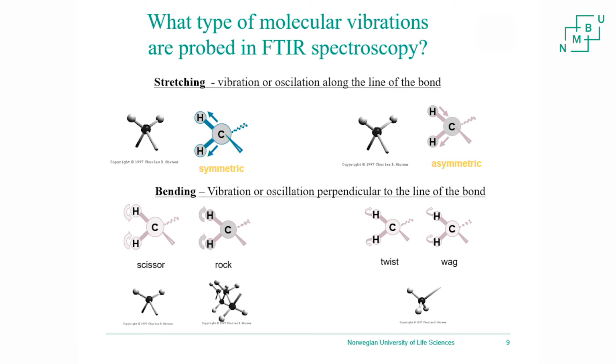Stretching is a type of vibration along the line of the bond, and here we have symmetric and asymmetric stretching vibrations. Bending is the vibration perpendicular to the line of the bond, and here we have a bit more variation in the types of vibrations. We could have scissor type, rocks, twist or wave type vibrations.